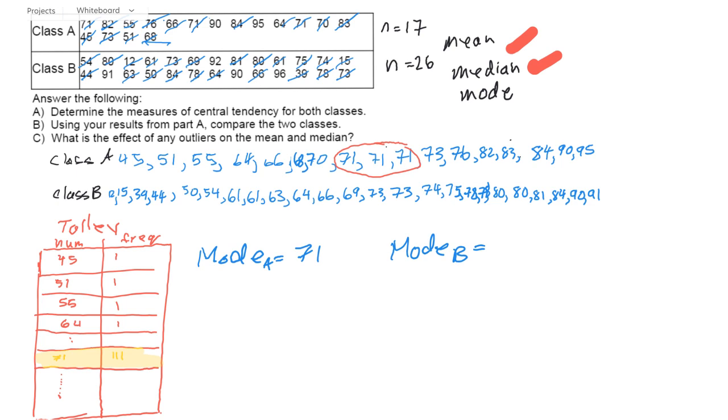Now, if we had done a tally, or instead of a tally, maybe this list, you'd find that the mode for this is 61 and also the number 73. So the mode is 71 and 73. And we also have 80.